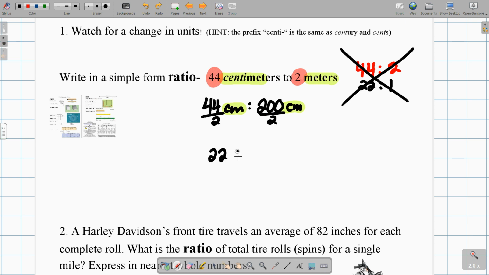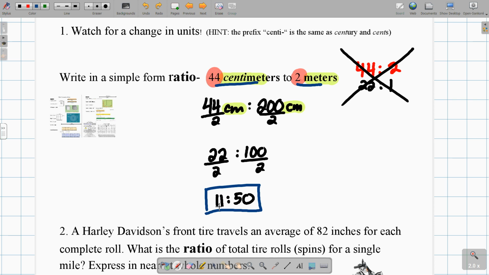You should have gotten 22 to 100, and look, I can keep dividing until I get somewhere where I can't divide anymore. And that's going to be 11 to 50. So the accurate ratio of 44 centimeters to 2 meters is 11 to 50.